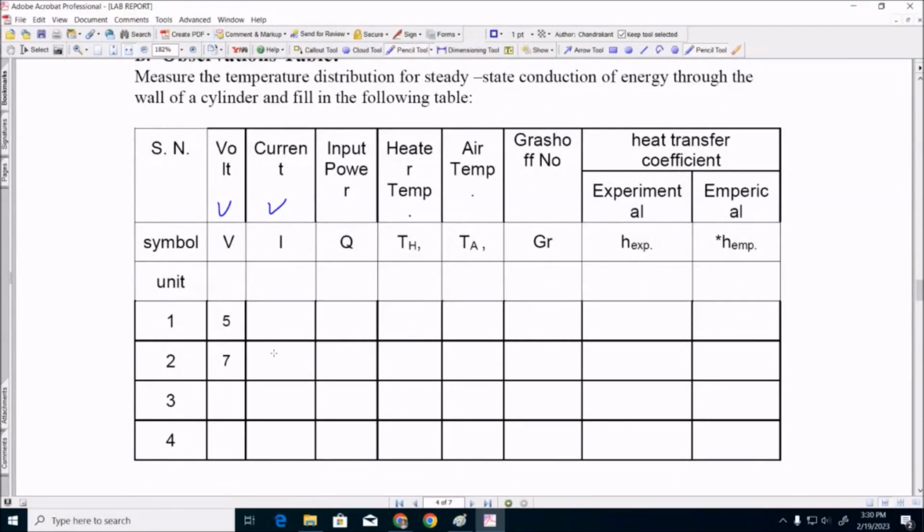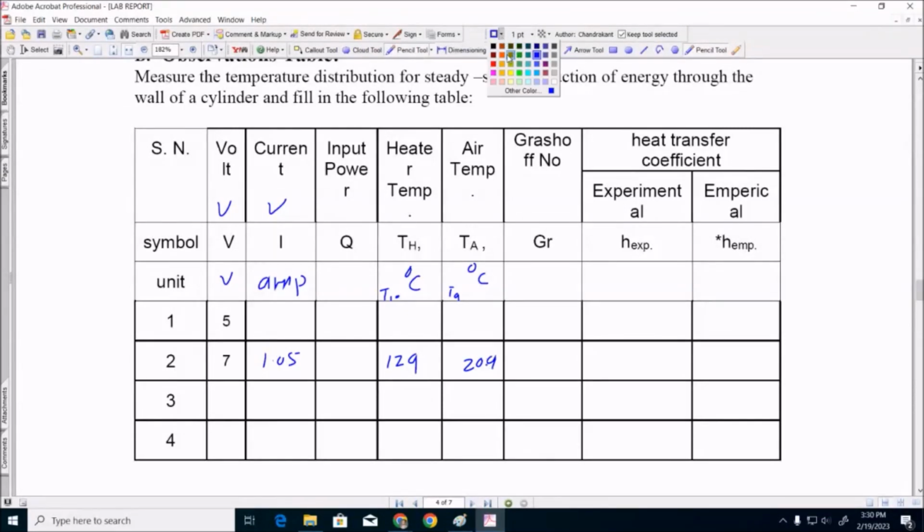At 7 volt, the current is 1.05 ampere. So this is volt, this is ampere, and this is calculation. We record the temperature T10, 129 degrees centigrade, and it is nothing but T10, remember, from the machine. It is the heater surface temperature, in degrees centigrade, recorded from the machine. T9 is 20.9.